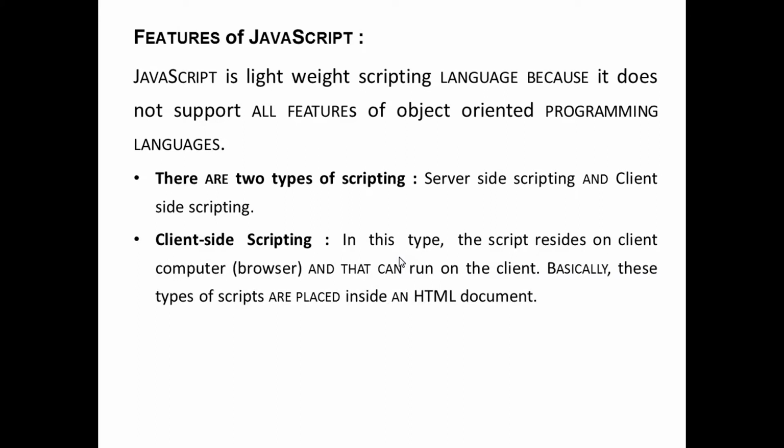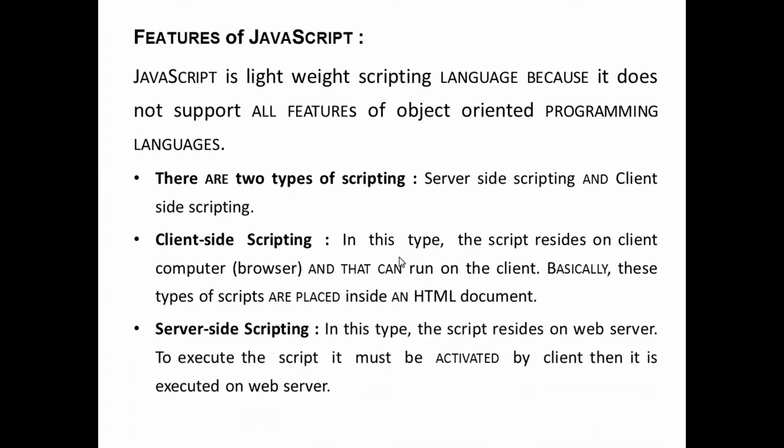What is client-side scripting? In this type, the script resides on the client computer, meaning the one who is browsing, and it can run on the client. Basically, these types of scripts are placed inside an HTML document. Next, we have server-side scripting.